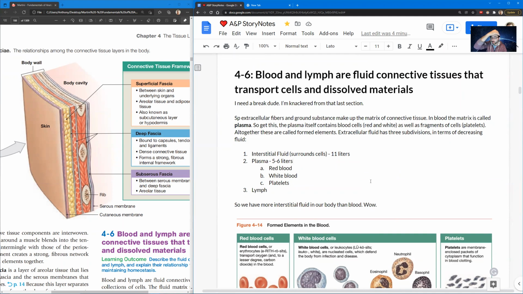And the extracellular fluid has three subdivisions, and this is pretty important. So we have interstitial fluid, which surrounds cells, and in the body, you have 11 liters of this, right? Then you have plasma, which is 5 to 6 liters, and that includes red blood cells, white blood cells, and platelets, and then you have lymph. So we have more interstitial fluid in our body than blood.